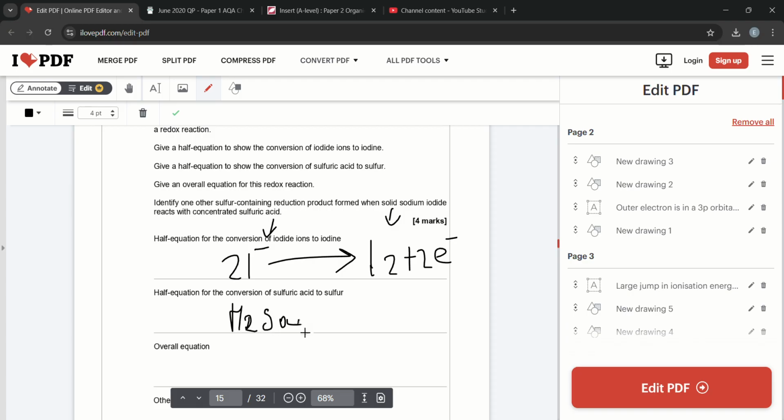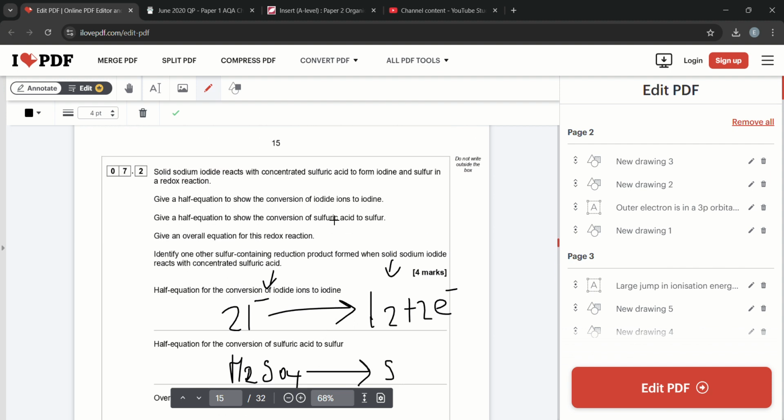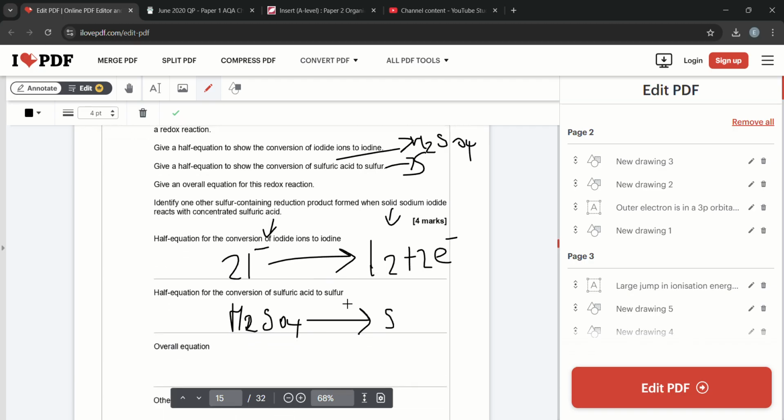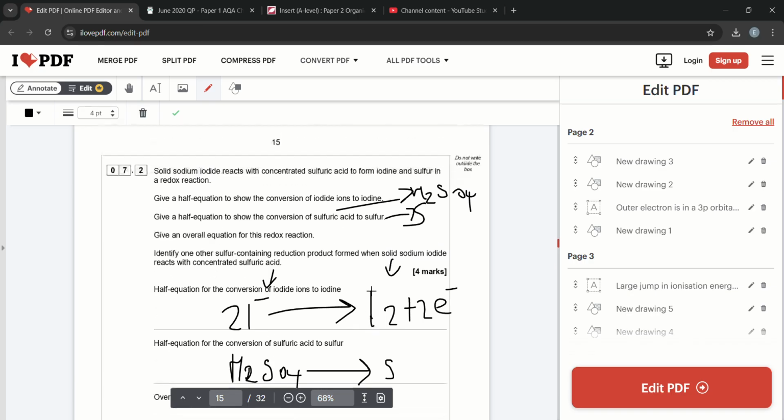It says sulfuric acid, H2SO4 to sulfur, which is just S. So we've got one sulfur on the left hand side, one sulfur on the right side, so that's fine.